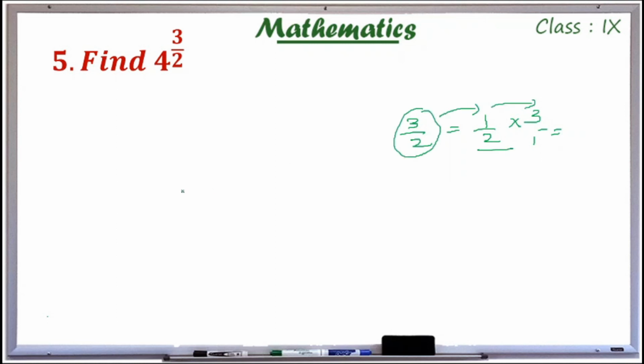So you will get 4 raised to 1 by 2 into 3. This is of the form a raised to m into n. I can also write it as 4 raised to 1 by 2, all raised to 3.